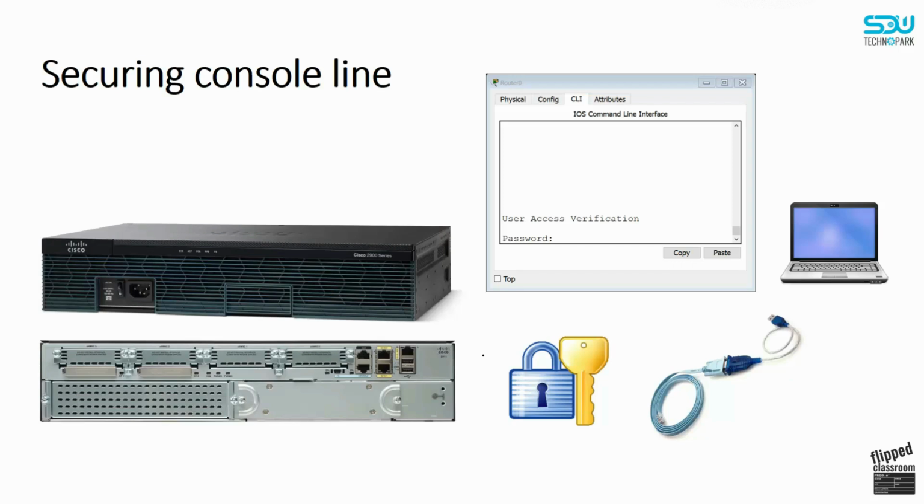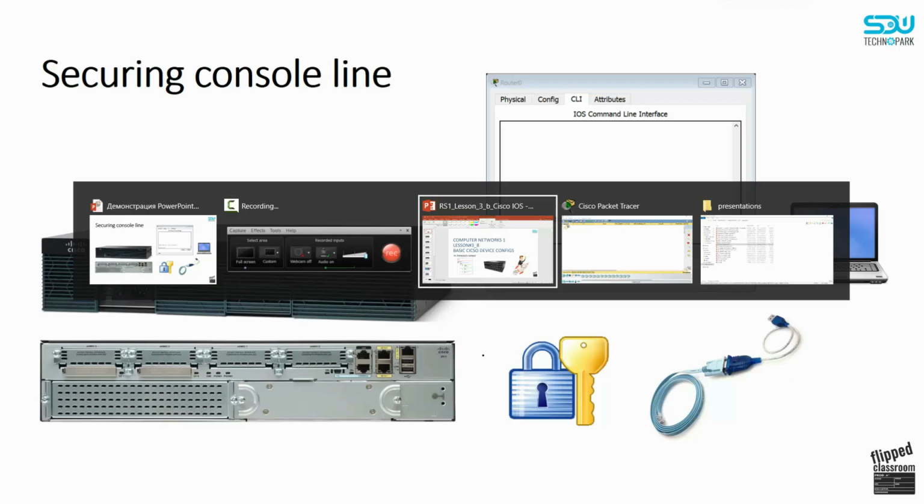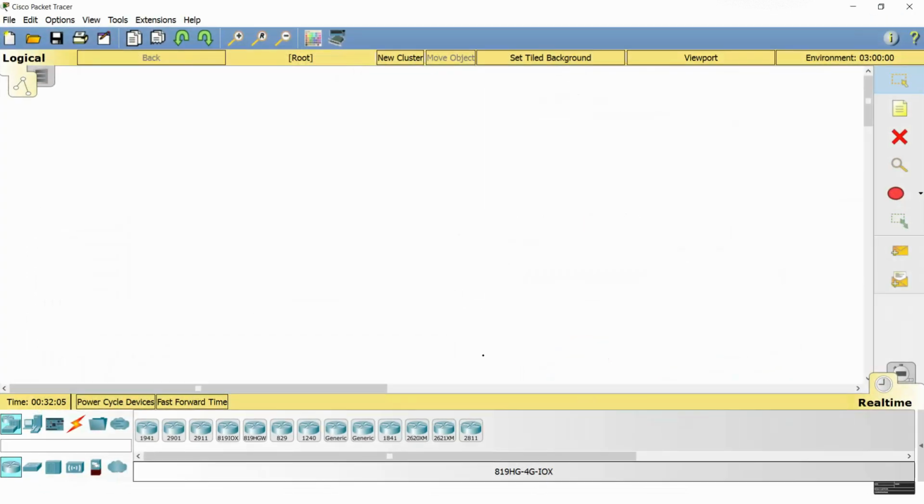Securing console line. Before this, let me open Packet Tracer and show you how to make basic configurations on the router. First of all, we'll take the router 2911 and place it into the workspace.